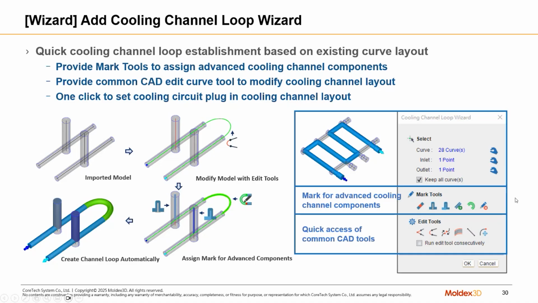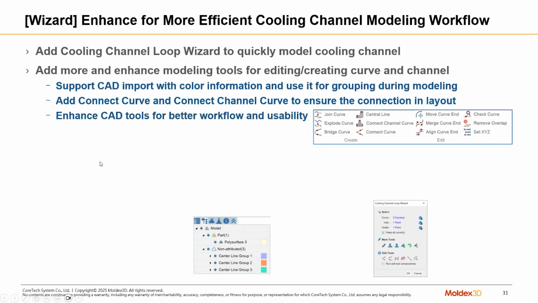It really helps to condense all of the functions for creating cooling channels into one interface, so that you're not just faced with the entire tool tab and then have to figure out what tools you should be using. This cooling channel loop wizard really helps to localize all of those tools and creates a good interface for all of those functions for cooling specifically.